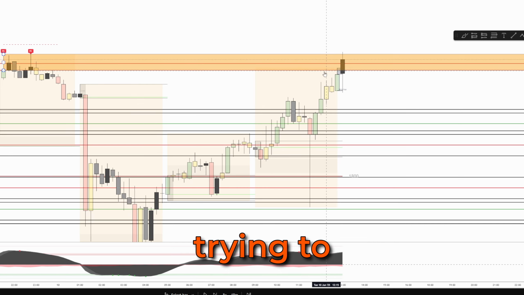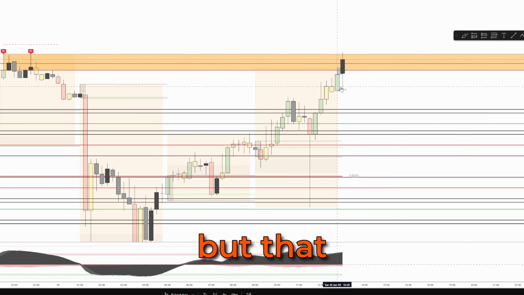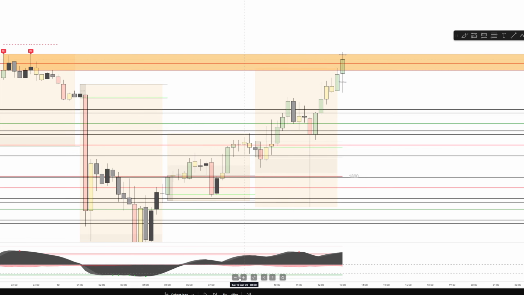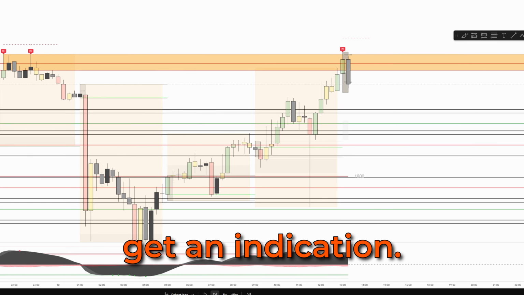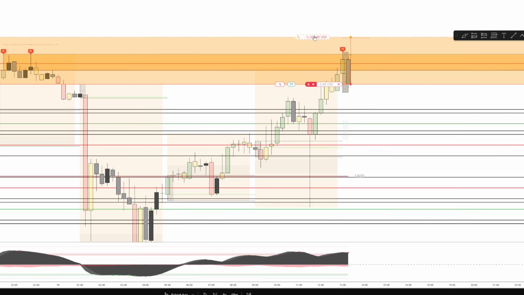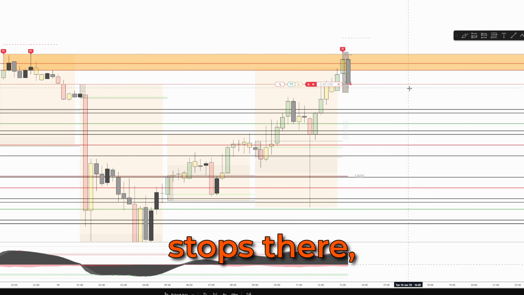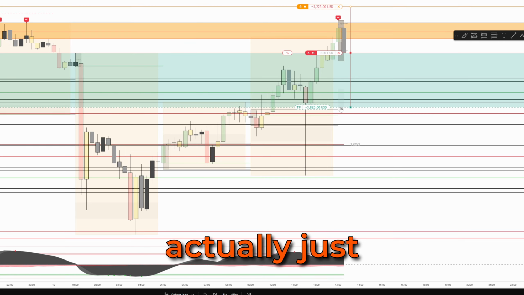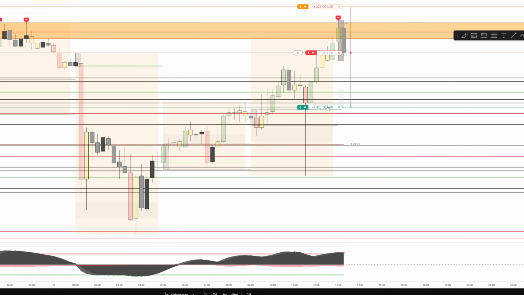Here we can see the indicator trying to give us a sign to sell, but that next candle takes it out. So it's a 2 candle setup. So we're going to wait until we get an indication. Here we have an indication of a sell. I'm going to put my stops there, and then I'm going to target actually just the top of that.